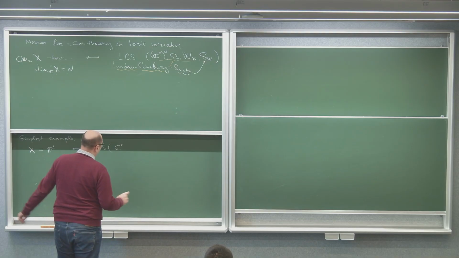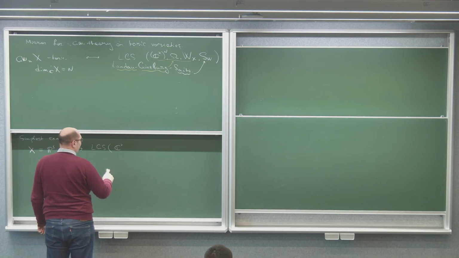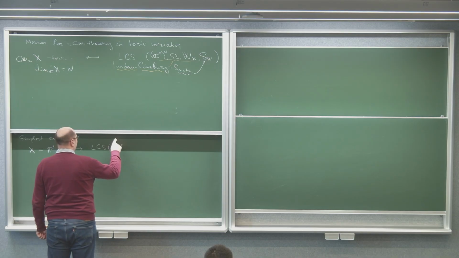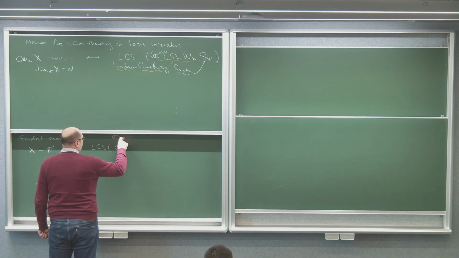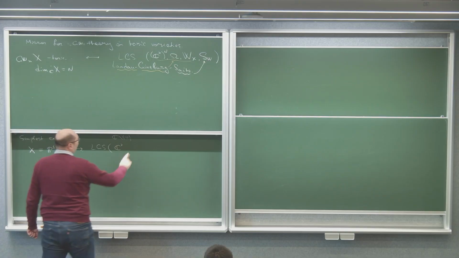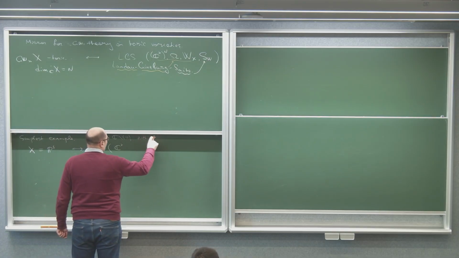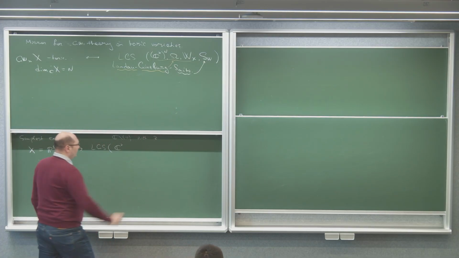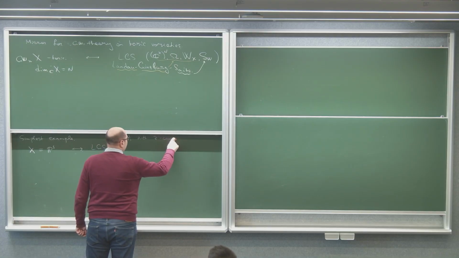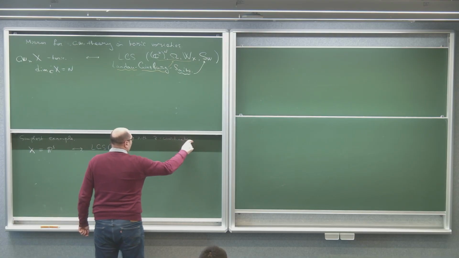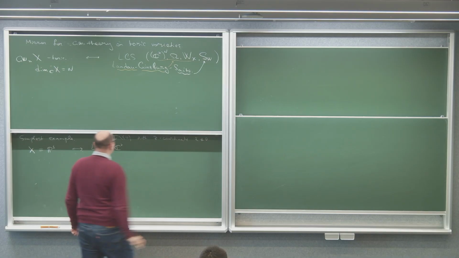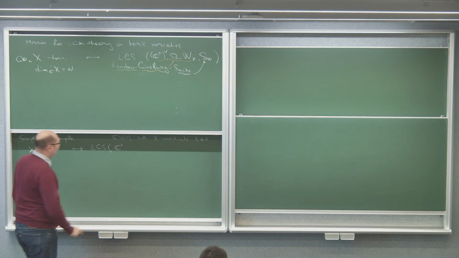On this C star there are two types of coordinates. We can treat C star as C with 0 removed, with coordinate Z, and removing this point means that Z is non-zero.